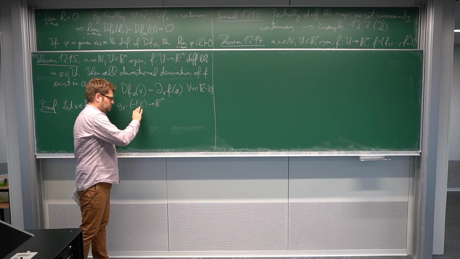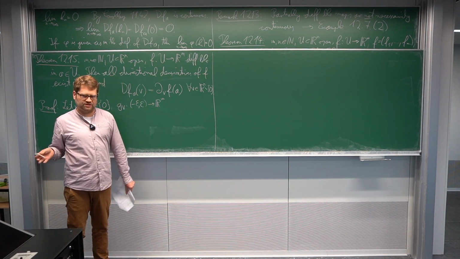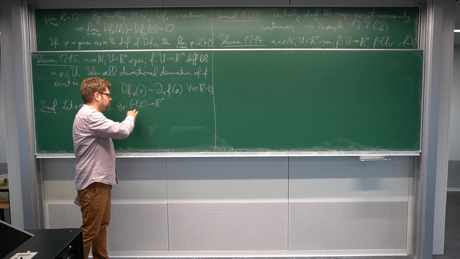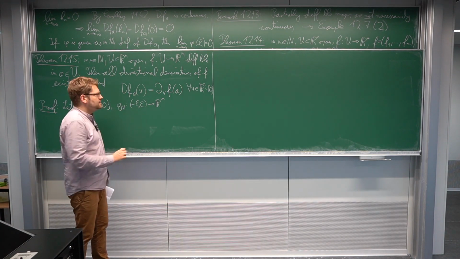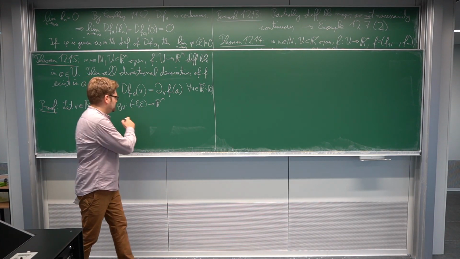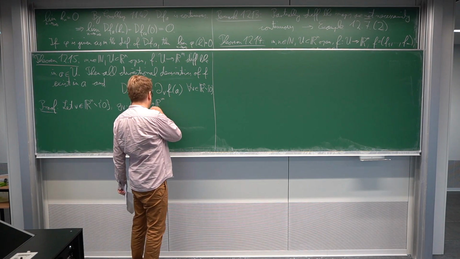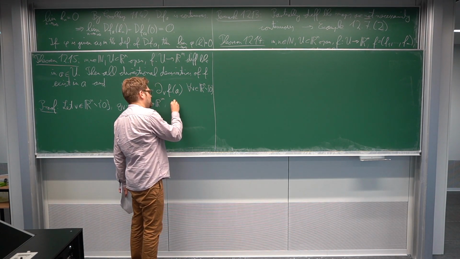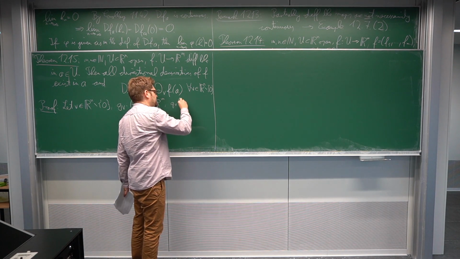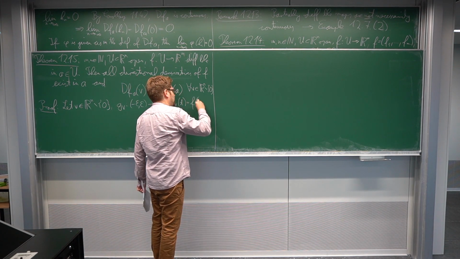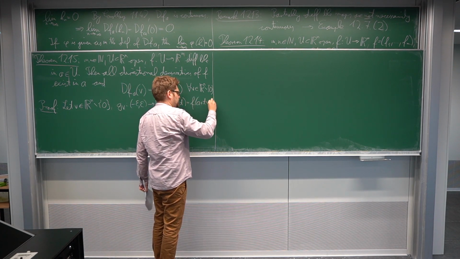Epsilon is just sufficiently small, and as I said, from the openness it follows there is such an epsilon. But we can find an epsilon such that this map g_v from (-epsilon, epsilon) to R^m, which is g_v(t) = f(a + t v).